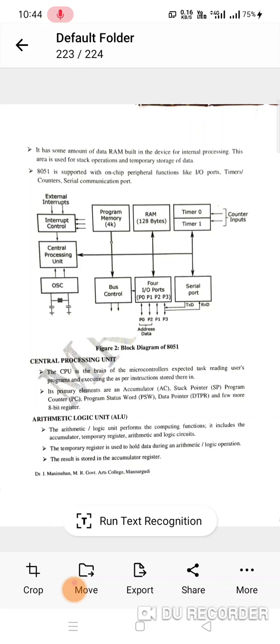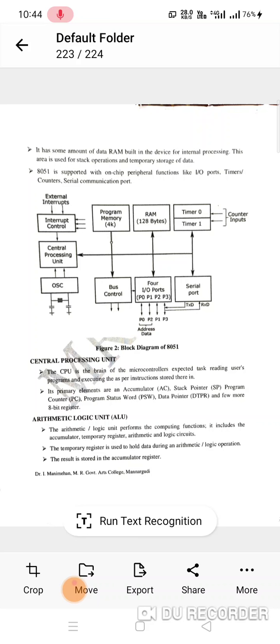These are bidirectional ports, and it is connected to the serial port, that is TXD and RXD. Okay, this is a functional block diagram.